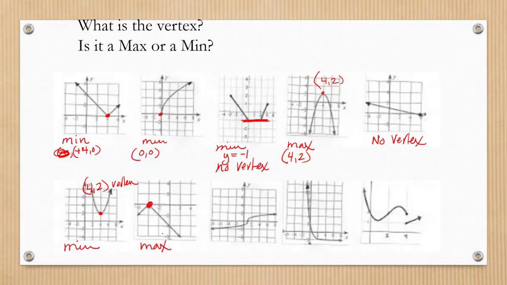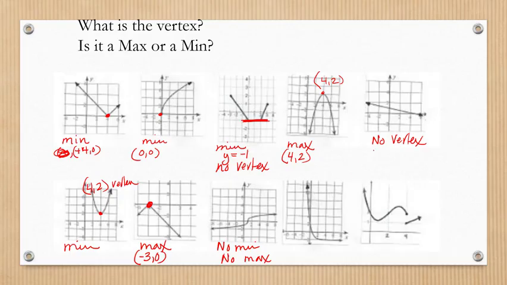Let's go with -3 and 0. Okay, and this one has no min, no max.